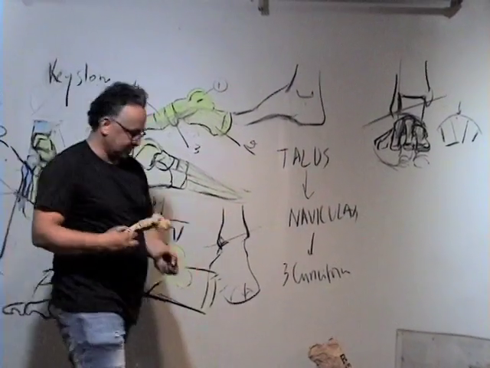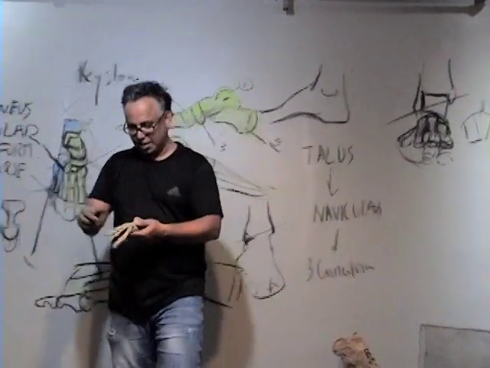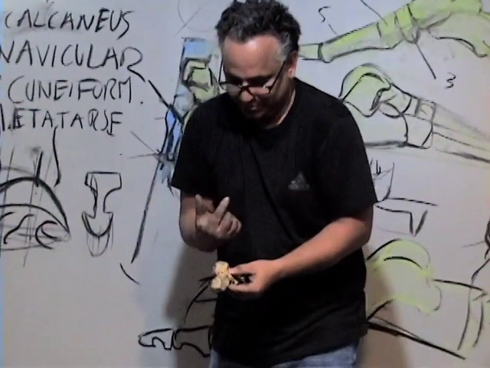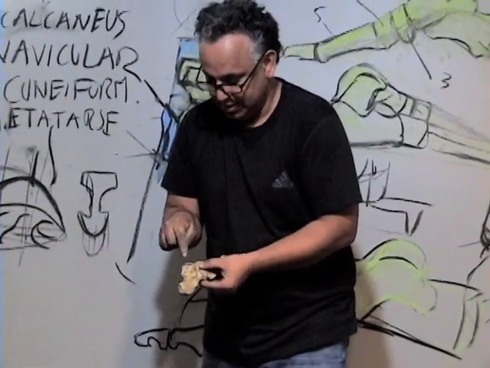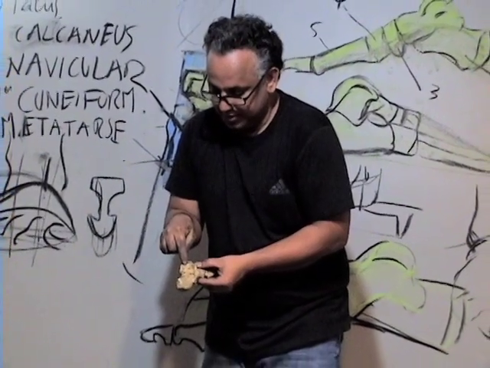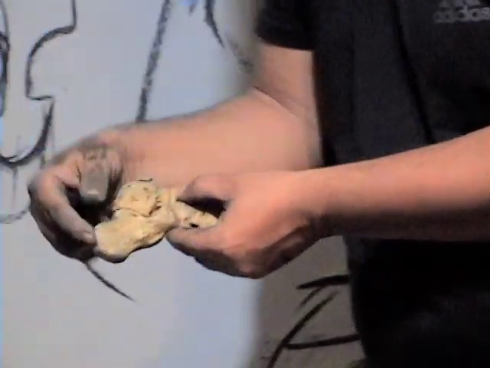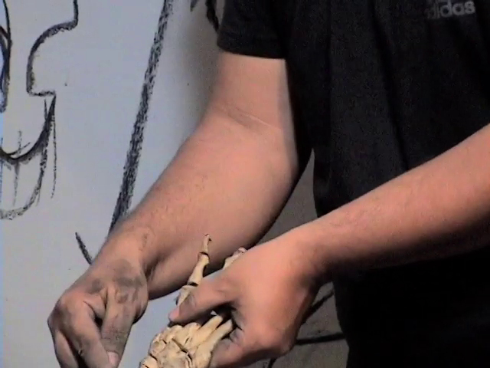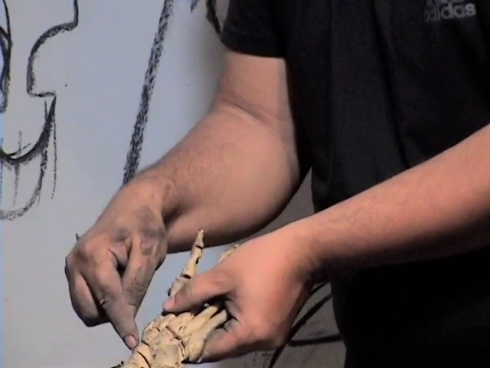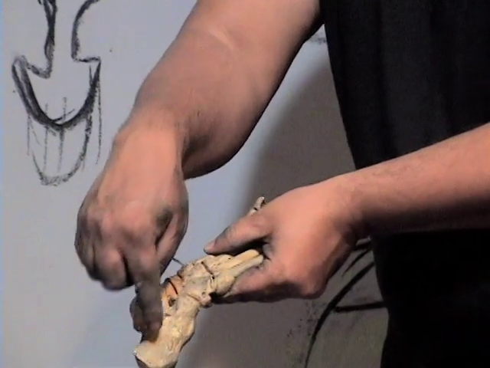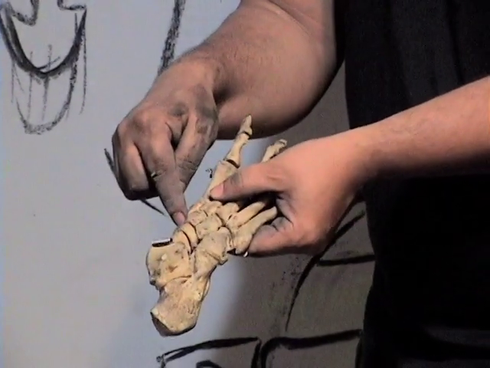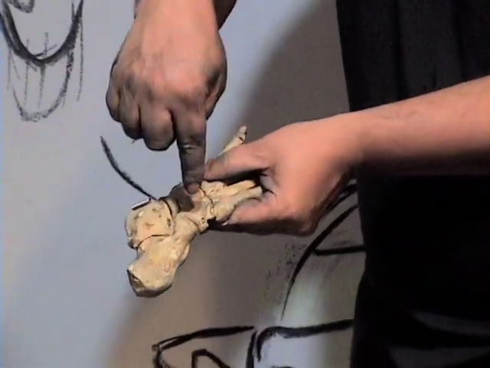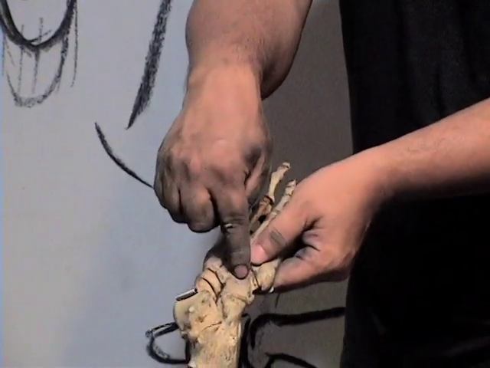So just to summarize, what fascinated me is the calcaneus. The calcaneus arrives with the navicular, and the calcaneus with the cuboid.